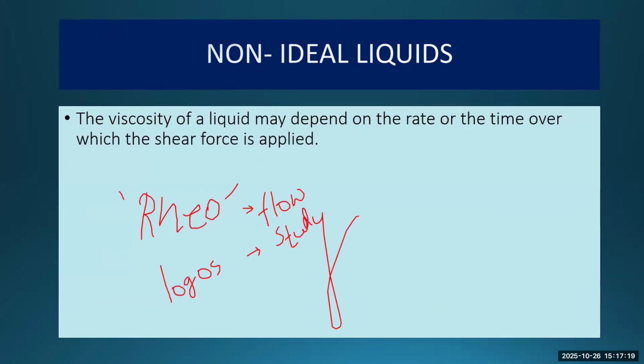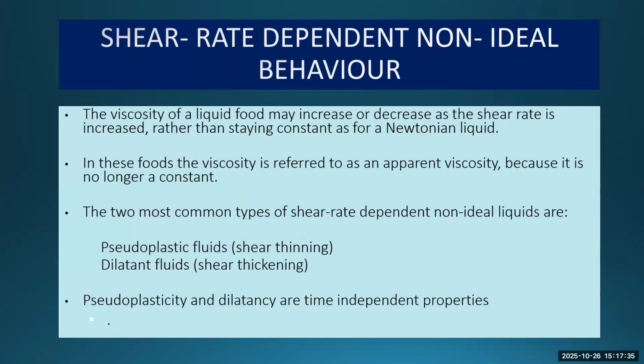So we can see different types of liquids, such as non-ideal liquids. What are non-ideal liquids? Those are liquids in which the viscosity may depend on the rate or the time over which shear force is applied. Shear rate dependent non-ideal behavior.